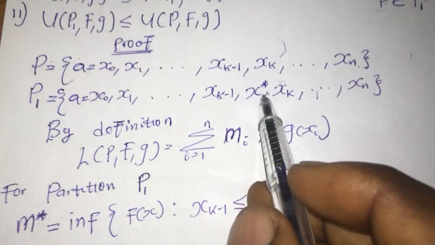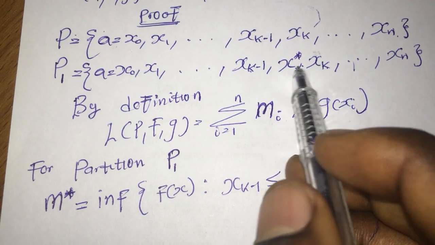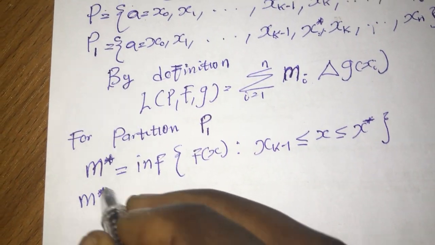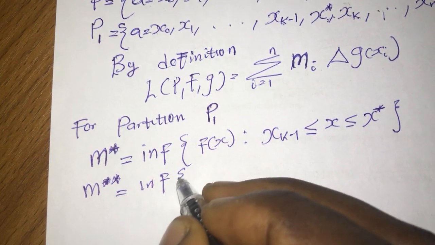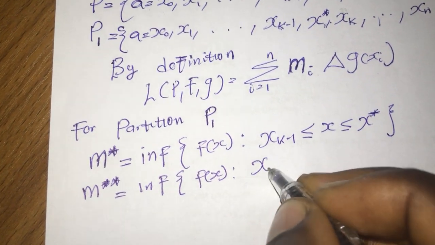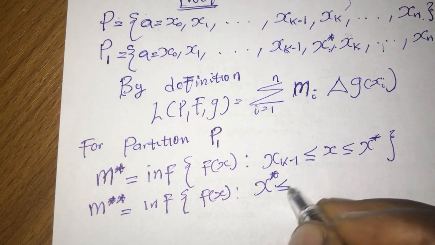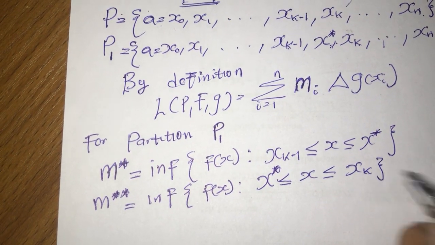Also, we define the small m for this region. So let's give that one m double star to be equal to the infimum of f(x), with x star less than or equal to x less than or equal to s_k. Do you get it?